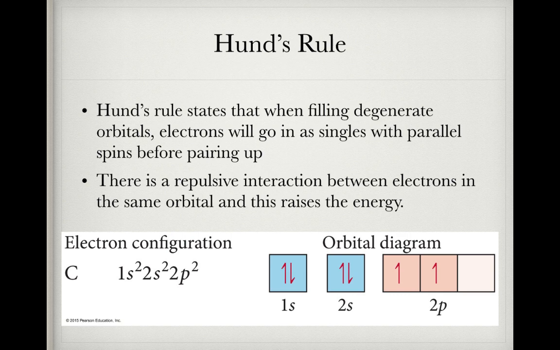It's convention to use spin up first. Notice that we've got these 2 electrons in 2 separate orbital locations. If we had an additional electron for the next atom, then we would put it here before we begin to pair up.